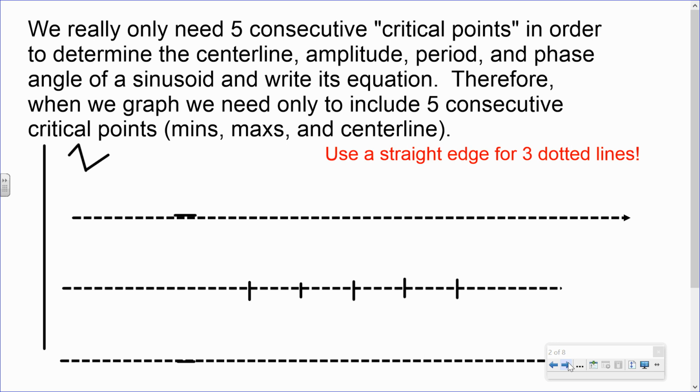The only things that will be solid in the final graph will be the sinusoid curve and the x and y axis, or the theta and y axis. But if these do not end up being an axis, they need to be dotted. So that's why we start with dotted lines. One might change to solid later. Along the center line, we are going to do 5 evenly spaced tick marks for where 5 critical points are going to go.